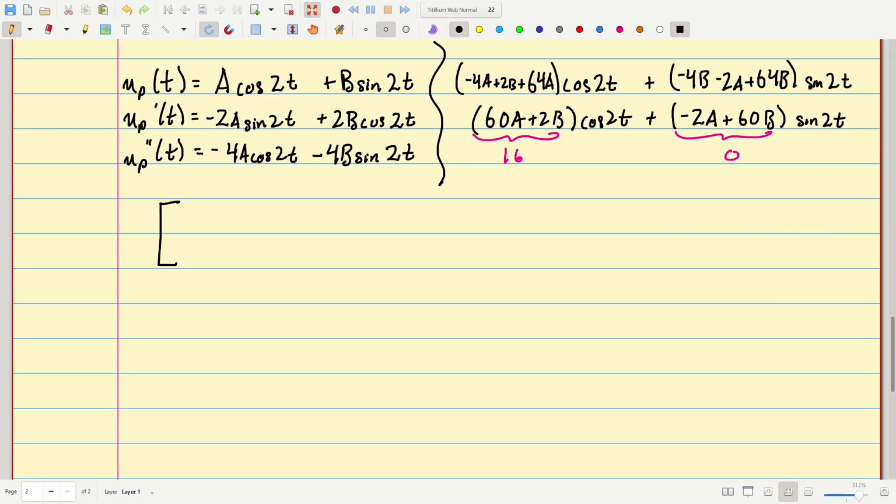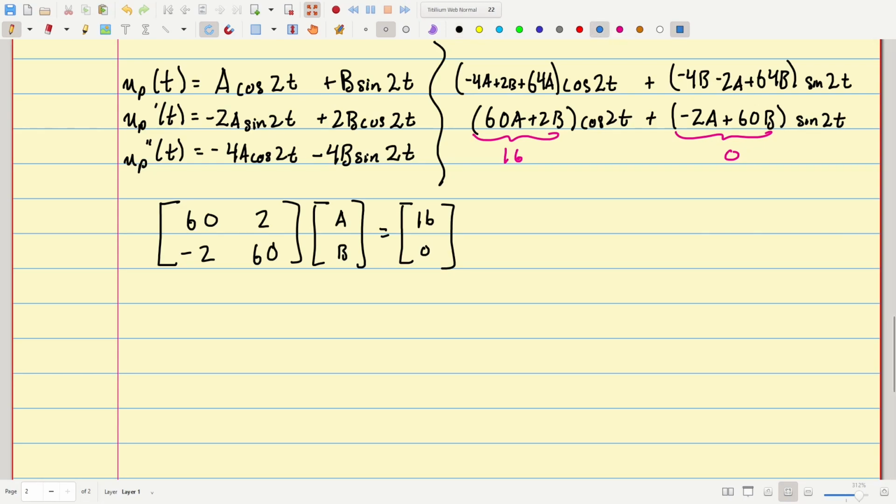We can set up a matrix equation for this. 60 and negative 2 is where that comes from. 2 and 60 is where that comes from.